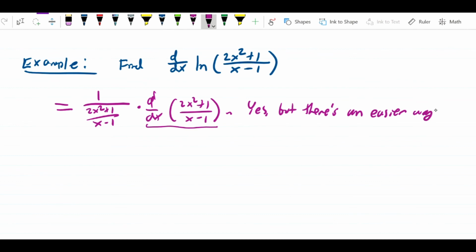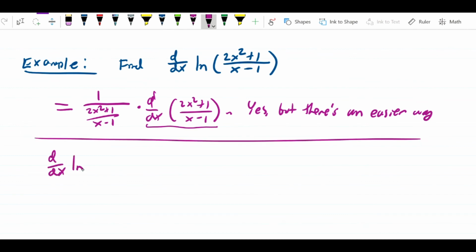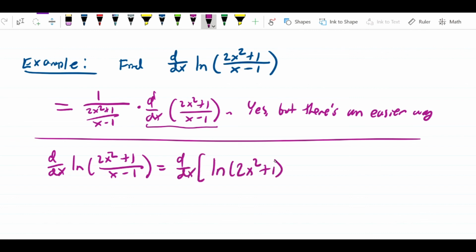So the easier way, let's start over: d over dx of ln of 2x squared plus 1 over x minus 1 is equal to the derivative of ln of 2x squared plus 1 minus ln of x minus 1. That's because of the law of logarithms, which says that ln of a over b is just equal to ln a minus ln b.